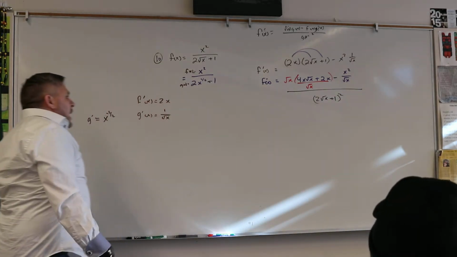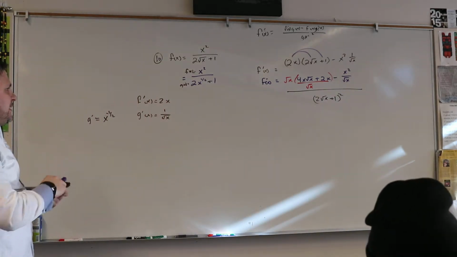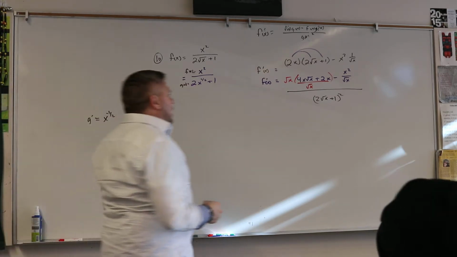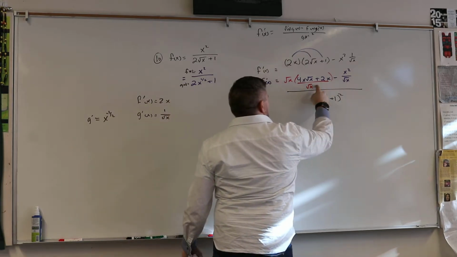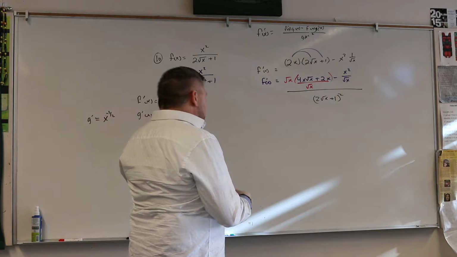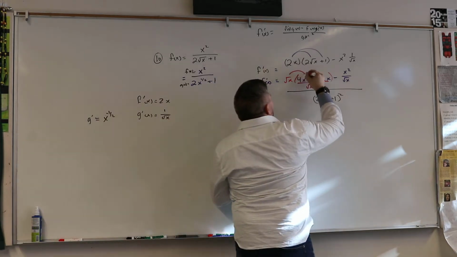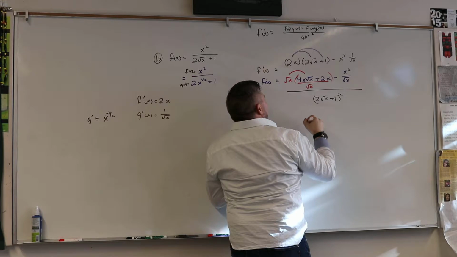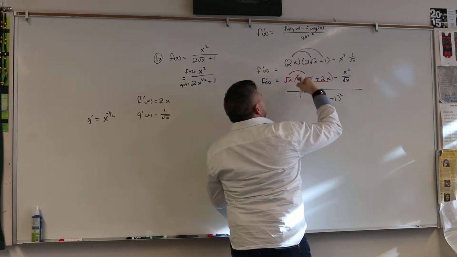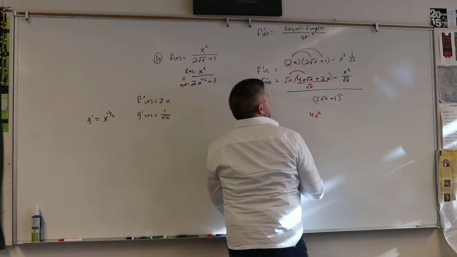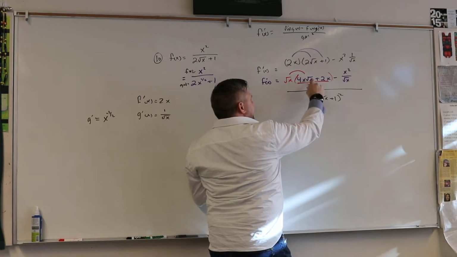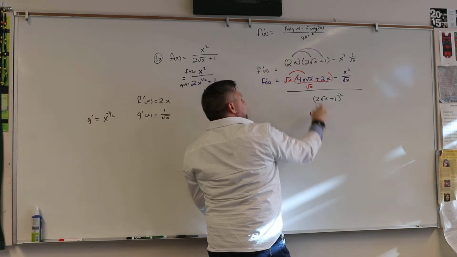Right? And so I want to deal with that top a little bit before I deal with the bottom. And so I want to make sure that this fraction is dealt with. That's why I multiply by the square root of x. So everybody gets multiplied by the square root of x. Now, square root of x times the square root of x is just x. So that's x times 4, so that's 4x squared. You see how I got that? X times x is x squared.